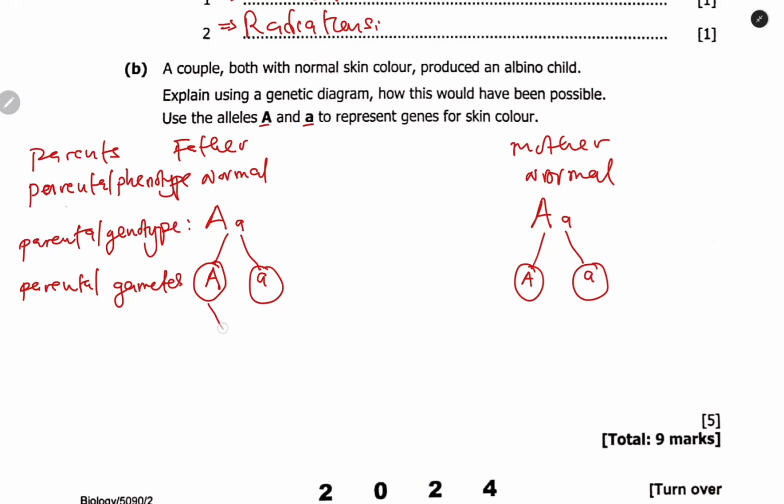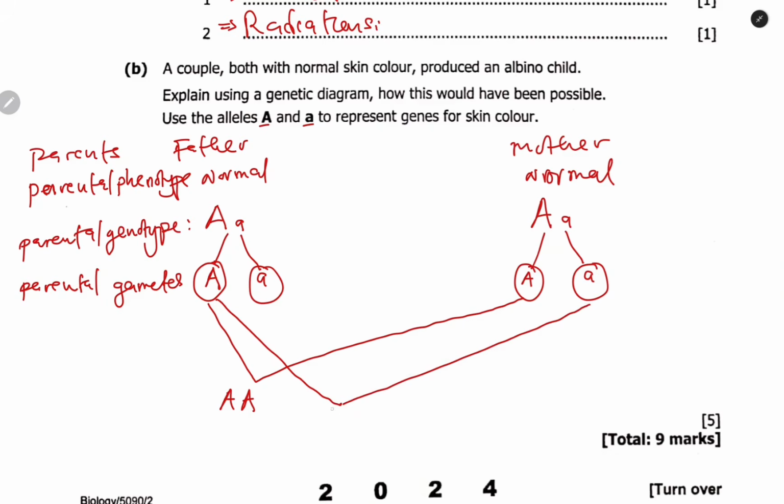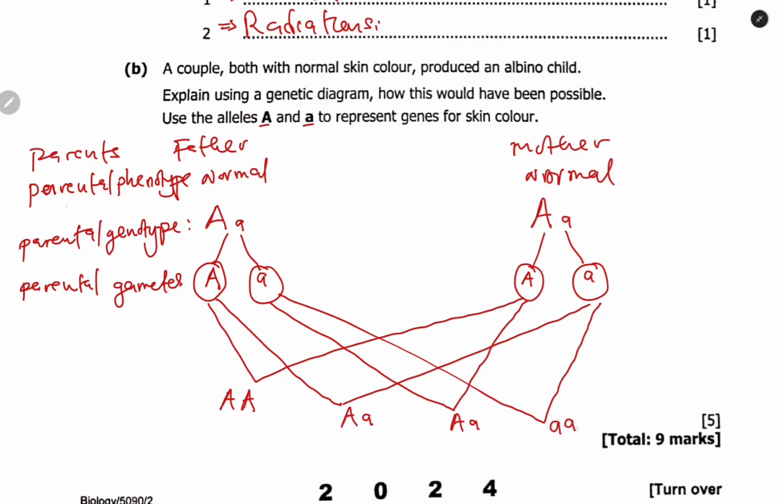Then now we close. Fertilization occurs. Here we have A, here we have A, then we have A. So we start with the dominant one. Then now we have a.